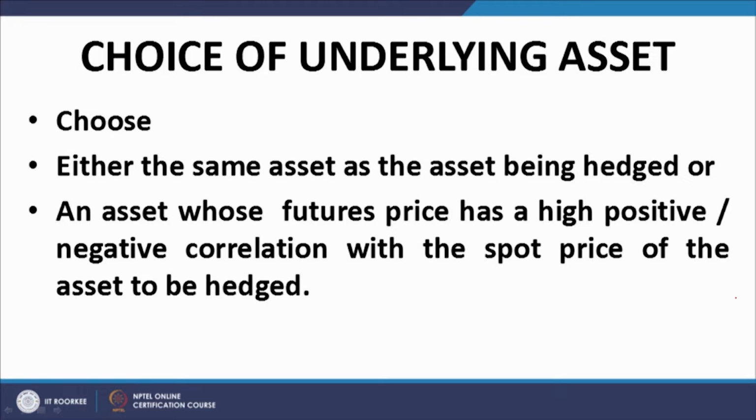Choice of underlying assets. Obviously, the best and the immediate choice would be to use the same asset as the underlying asset as the asset on which we have the exposure.